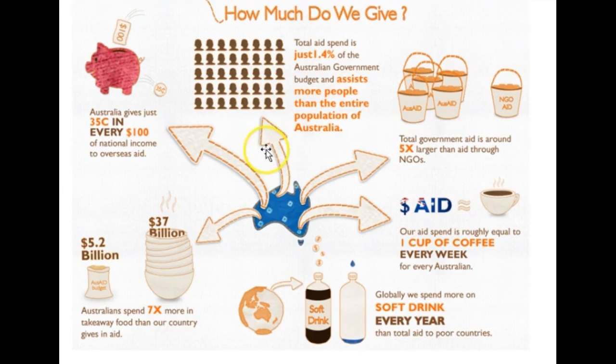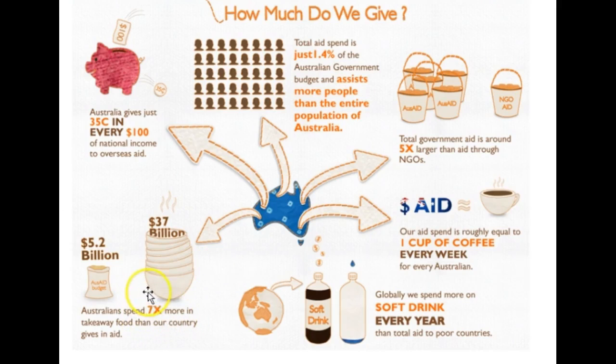So this one, what do you think? How much do we give? According to this information, our aid spending is roughly equal to 1 cup of coffee every week for every Australian.